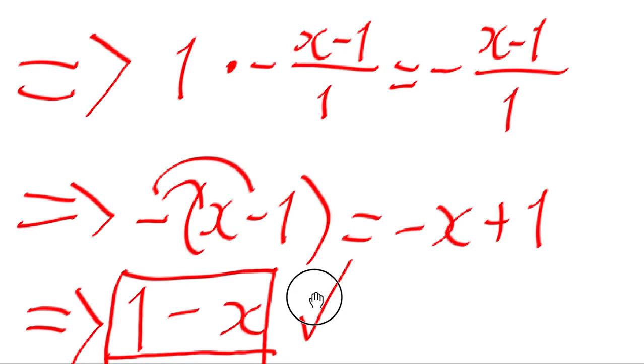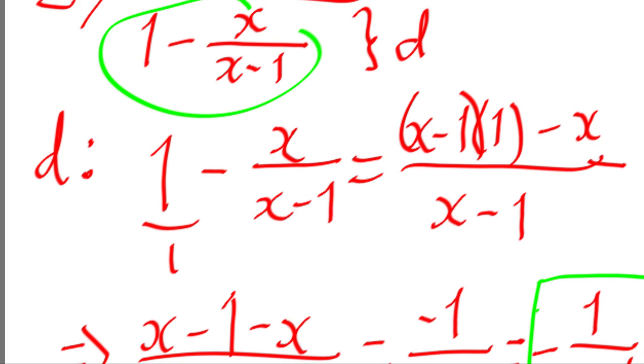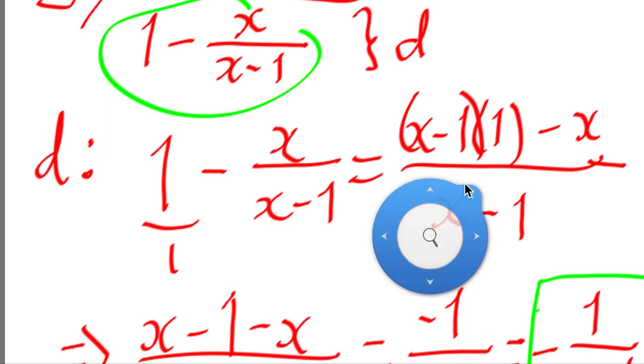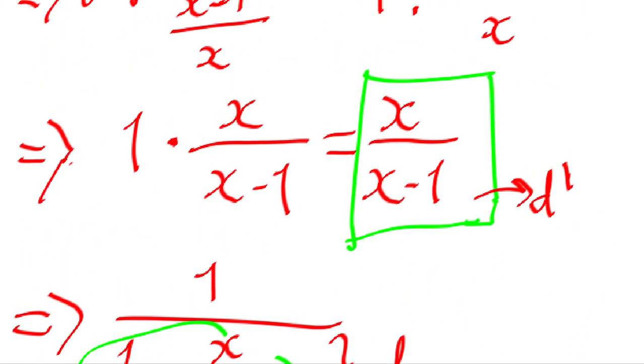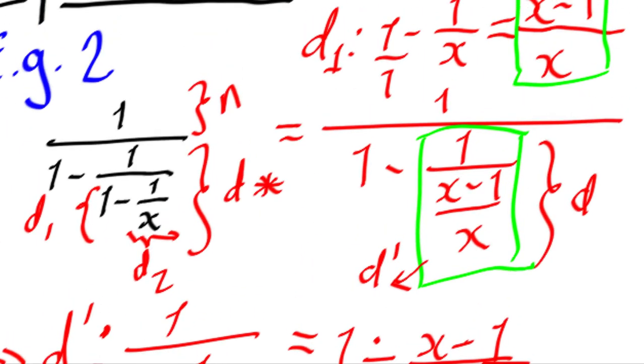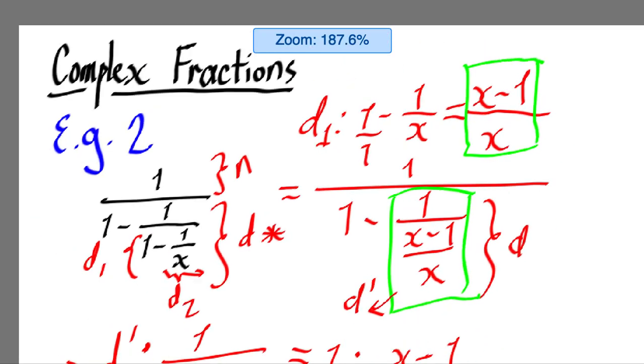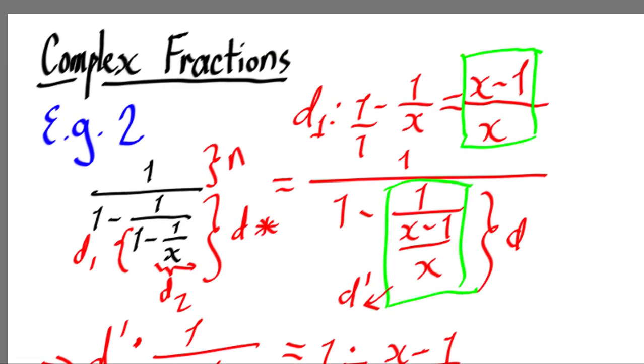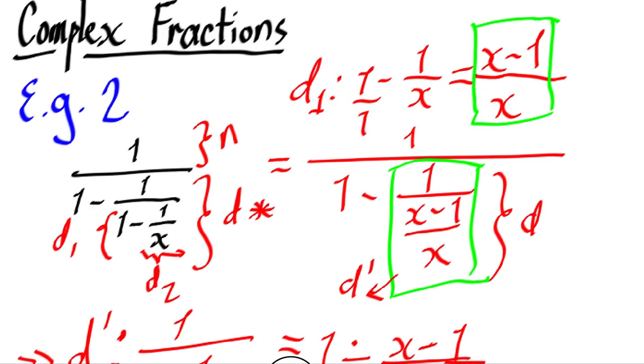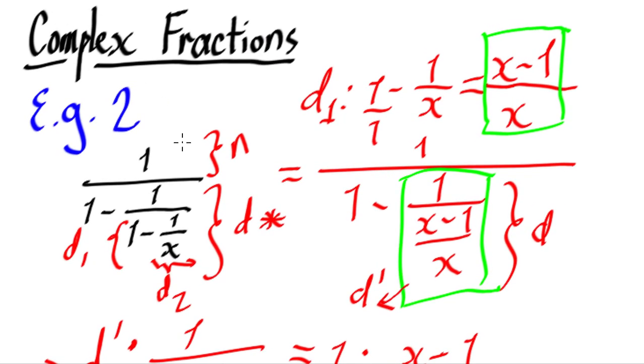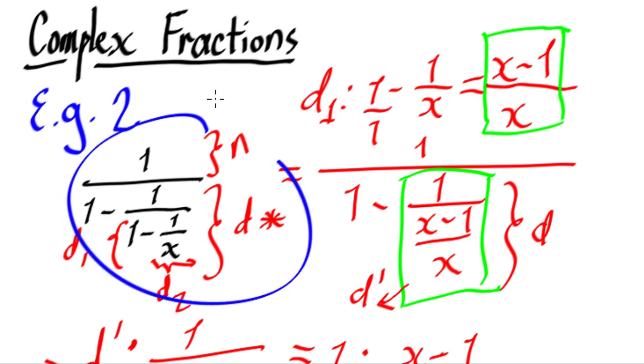Okay, so I think you can imagine from our first part. Let me scroll up all the way up, and I just want to let you see what we started with. We started with this fraction over here, 1 all over 1 minus 1 over 1 minus 1 over x.